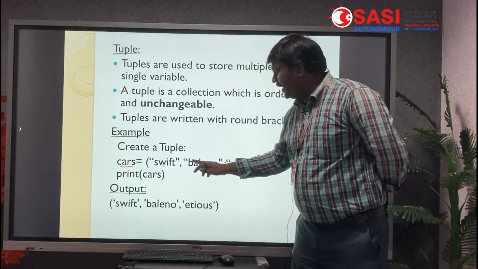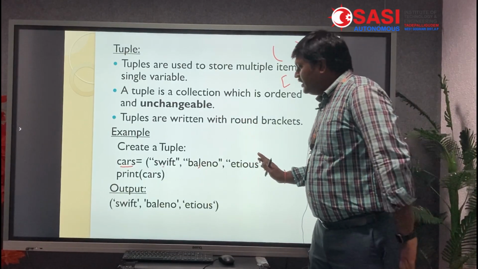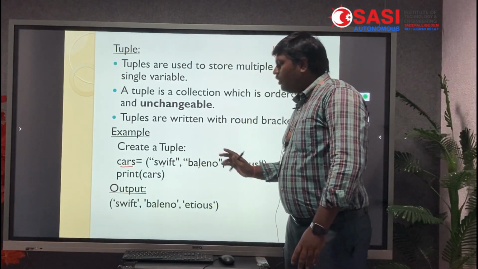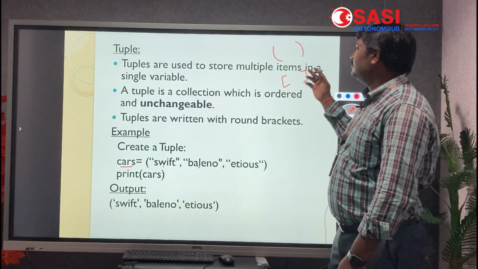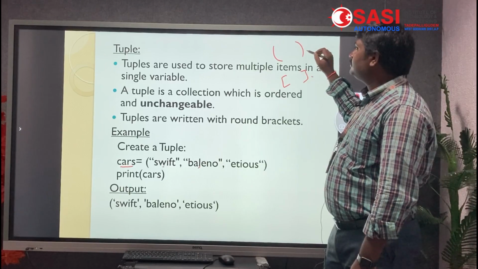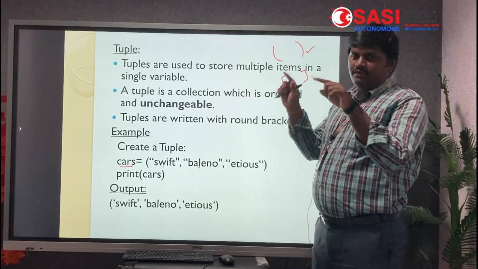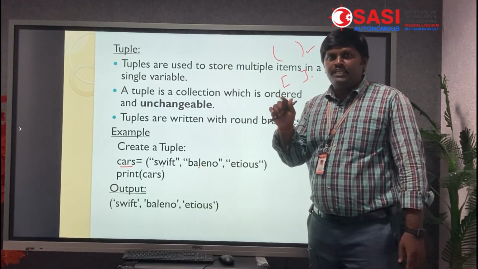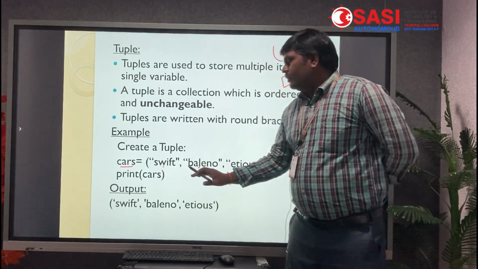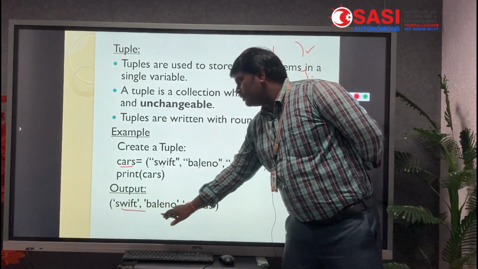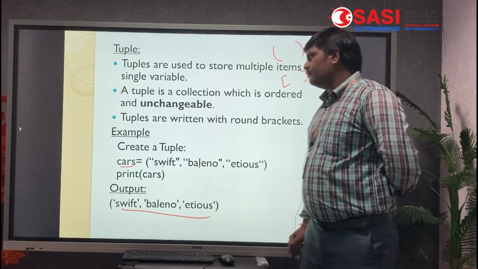These are the tuple items, represented within the parentheses. List items are represented within square brackets; tuple items are represented within parentheses. Next, print cars, the output of the tuple items. Simple example.